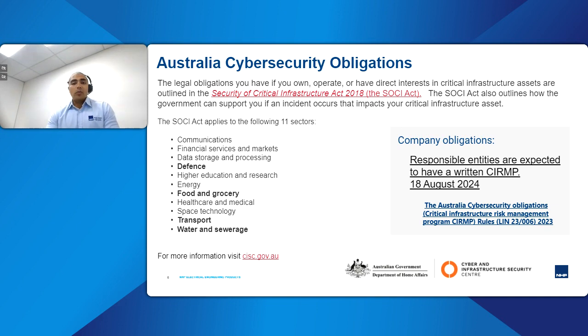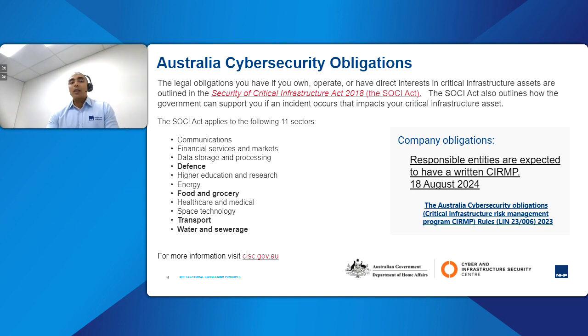This act outlines how the government can support companies if an incident occurs in critical infrastructure. At the beginning, they are focused on critical infrastructure sectors, meaning communications, defense, food and grocery, energy, transport, water, and wastewater.